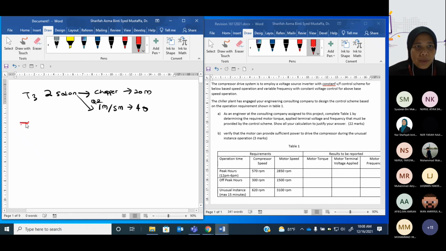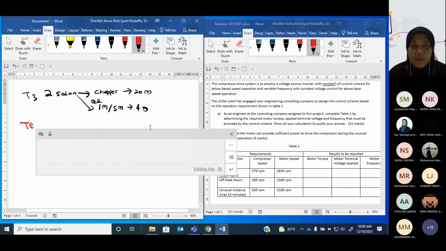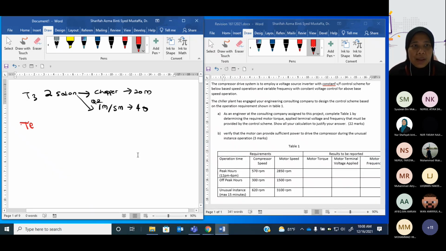Yes, you want to calculate the top, okay? Because the first column, you want to fill in all this table. First, you want to calculate the top. So how to calculate the top? The motor torque, kan?